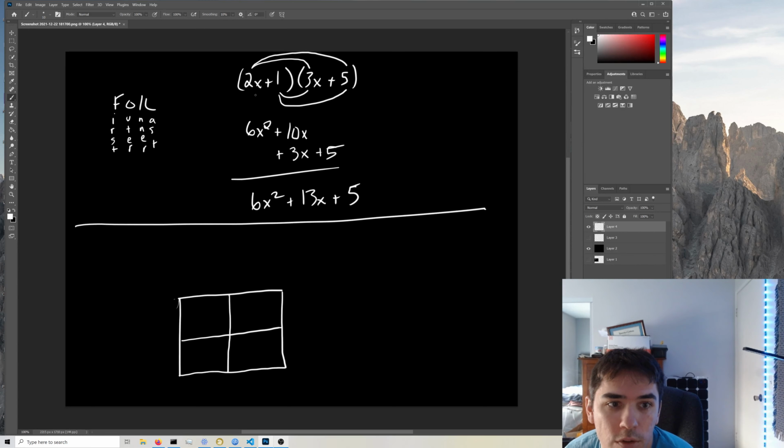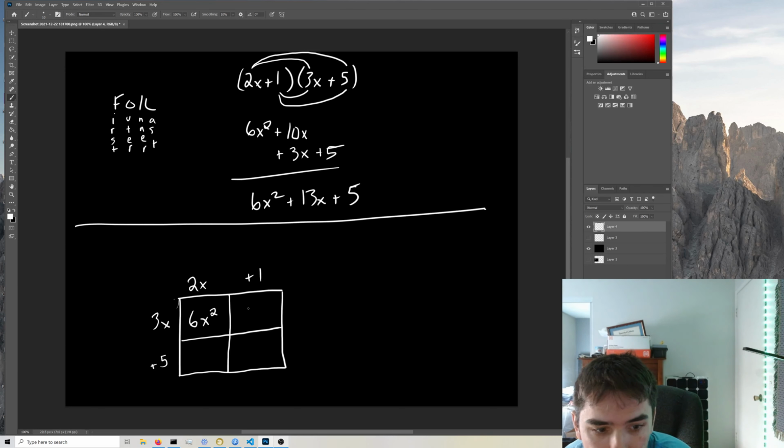You put the first term on the top, 2x plus 1, and then the second term is 3x plus 5. Then you do the same thing you did up here, but you just do it in the box. So 6x squared, and then this becomes 3x. This is 10x, and this is 5.